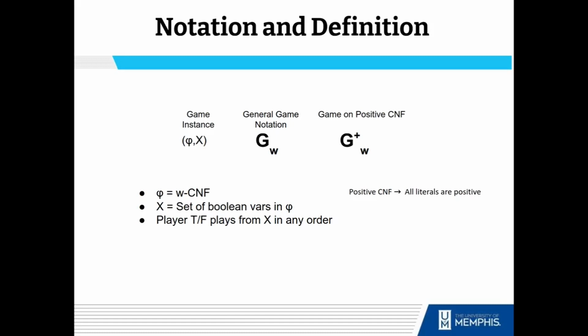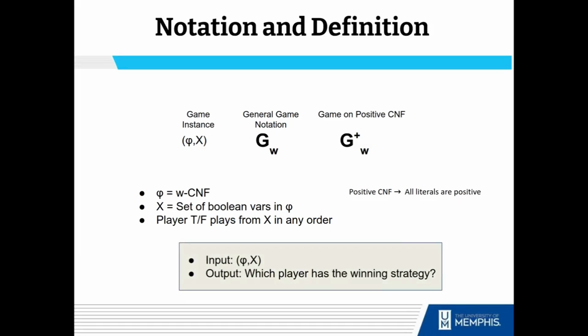So, phi means WCNF, x means the set of Boolean variables in phi, and player T or player F plays from x in any order. So, the problem is: the input is phi and x, a CNF formula and a set of variables, and the output is which player has the winning strategy. So, that is our formal definition of this problem.